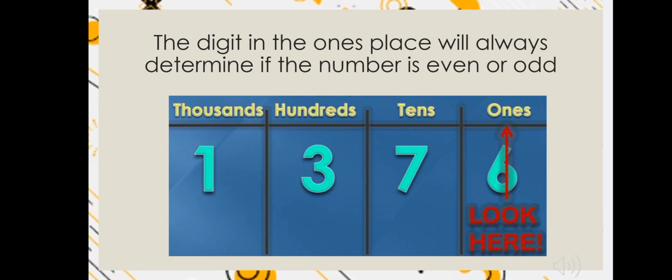So if the last digit is even, the whole number, for example 1376, is going to be even. But if the last digit was not 6 but 5, then the whole number 1375 would have become an odd number.